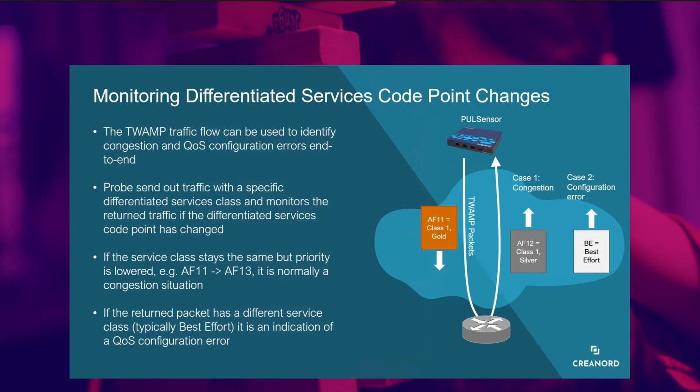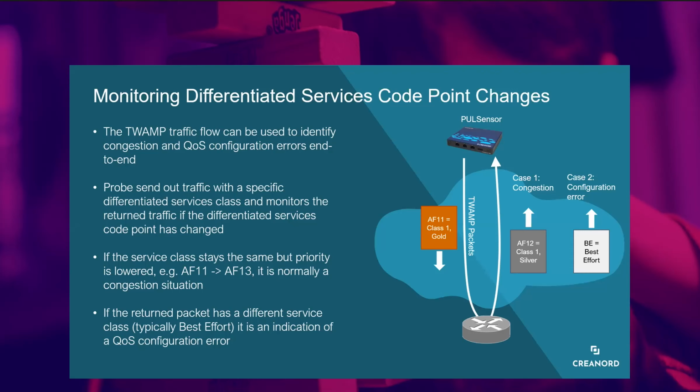Another way to verify the QoS configurations, as well as identify probable congestion situations in the network end-to-end, is to monitor the differentiated services code points and if they change. So each of the TWAMP packets sent out will have a specific service class marked in the packet, and then the probe will monitor the returning packets back and see if this service class has changed.